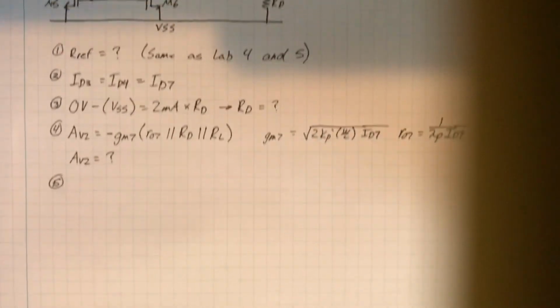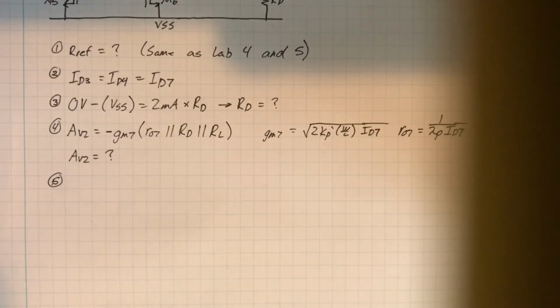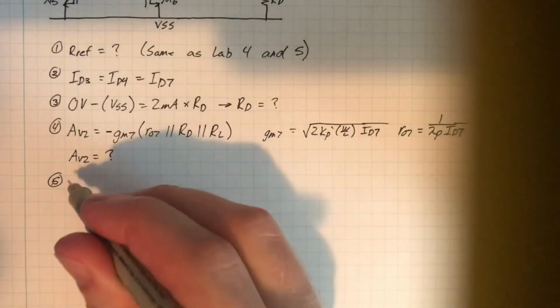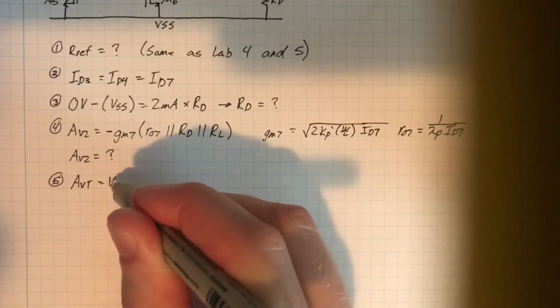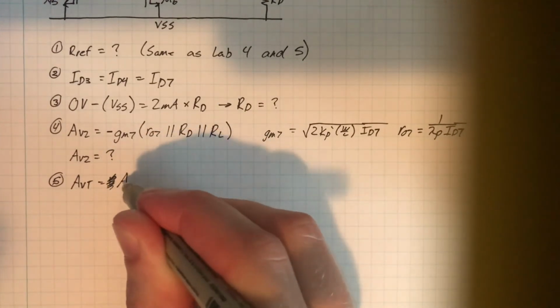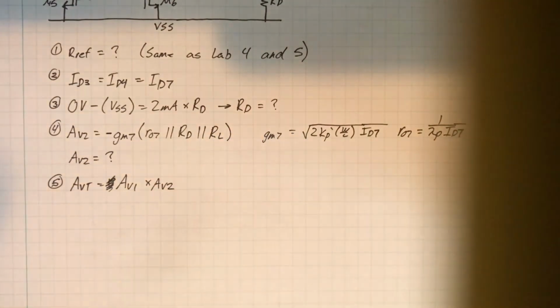Part 5 asks you to determine the total voltage gain of the two-stage amplifier. As I stated before, total gain is the gain of the first stage times the gain of the second stage.